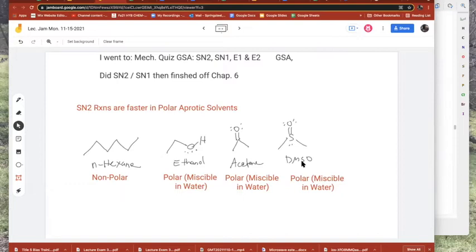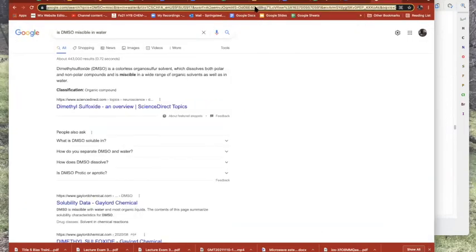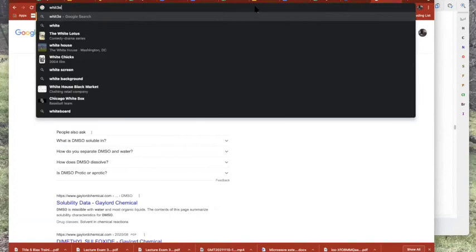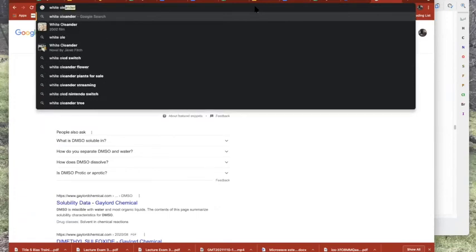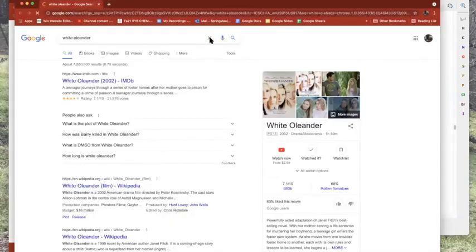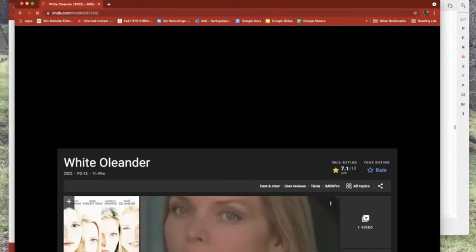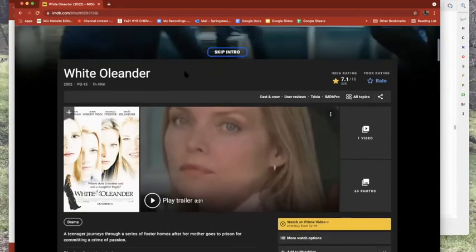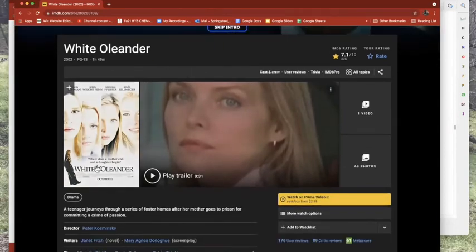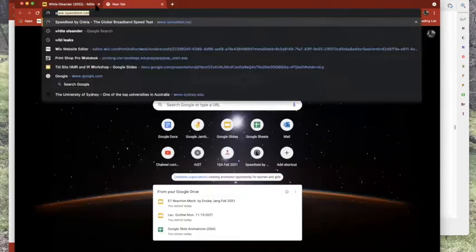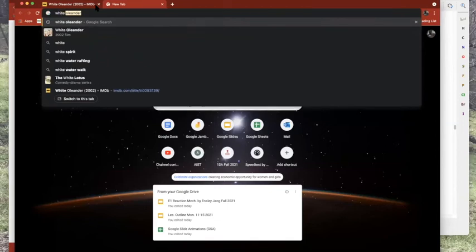And there's a book and a movie. It was like an Oprah book. I don't know if anybody's heard of it. White Oleander. Yeah, so I guess the White Oleander story, spoiler alert, the wife kills her husband, I think, by taking white oleander plants and putting them in DMSO to extract their poison and then rubbing it on him.